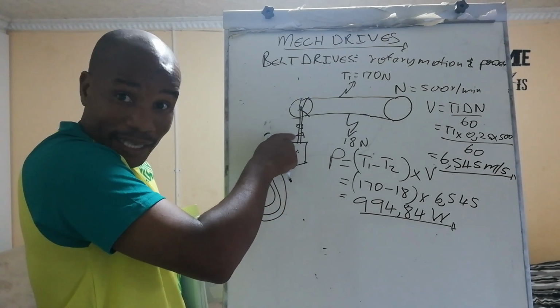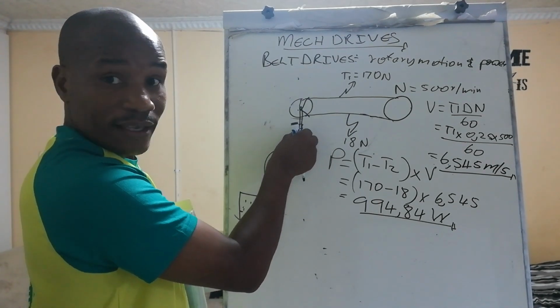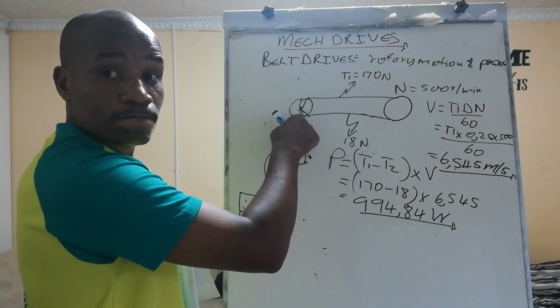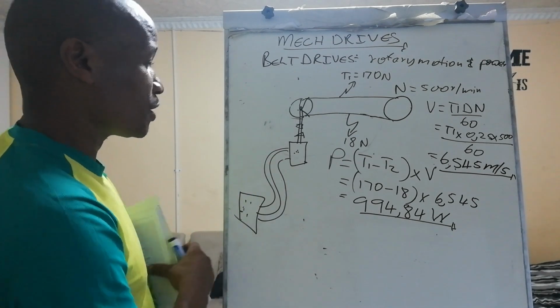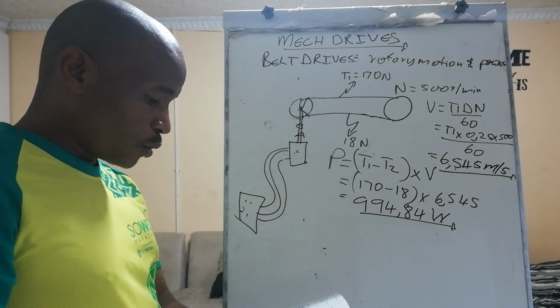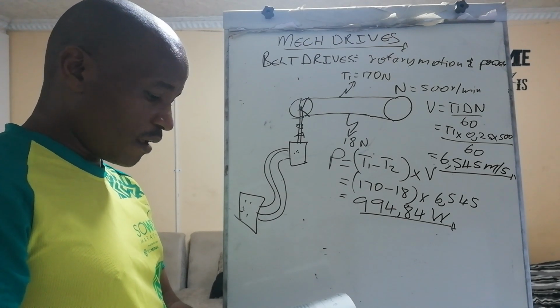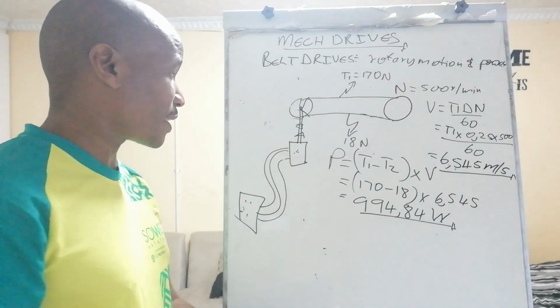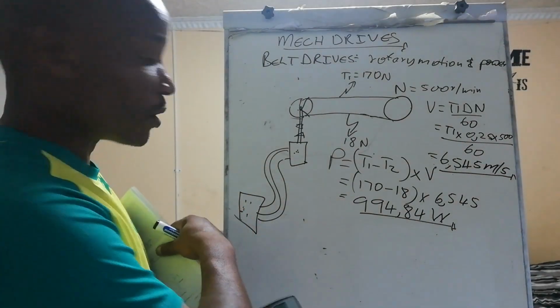This output here is the input to the drive there. That's very, very crucial. Just remember that, guys. The output power of the motor, if the efficiency of the belt drive is 88%. There we go, already.